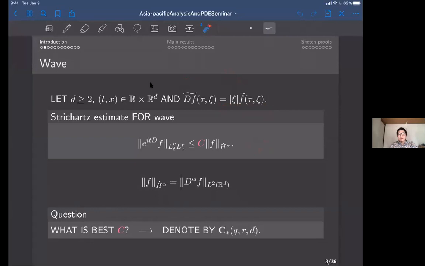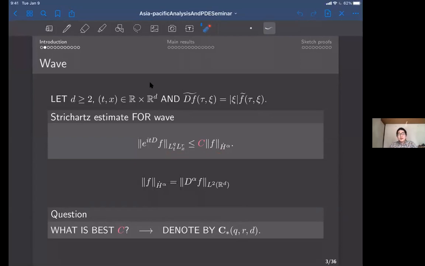I guess you know how useful this is more than I do. But the thing is, you take the L^q norm in time first, and then take the L^r norm in space of the solution to the wave. Then you control it by some constant and the homogeneous Sobolev norm of the initial data.